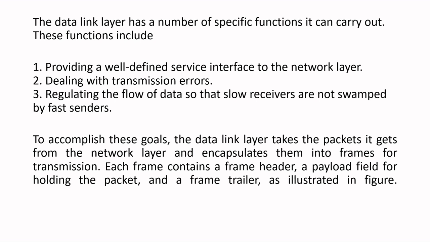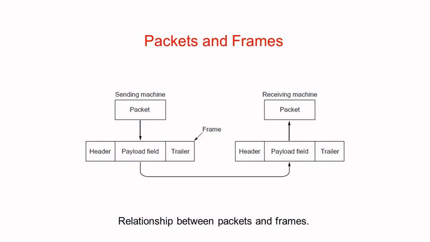Why is the trailer used? The trailer is used for error control, or you can say for error detection and error correction, as shown in the figure. In this diagram, the relationship between packets and frames is shown. There are two machines, the sending machine and the receiving machine, or we can say the sending computer and the receiving computer.